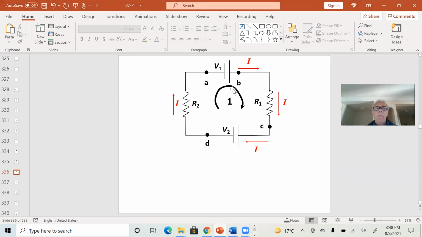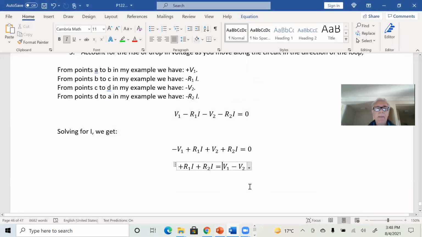Because this battery is pumping charges in one direction, and this one is pumping charges in the other direction, so one subtracts from the other. If this battery was inverted, then we would have V1 plus V2 instead. Keep that in mind.